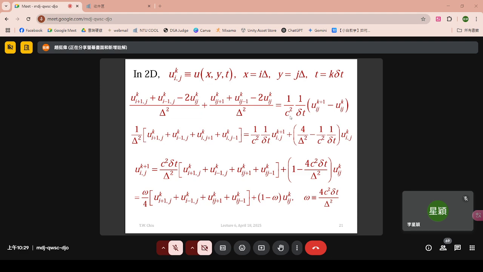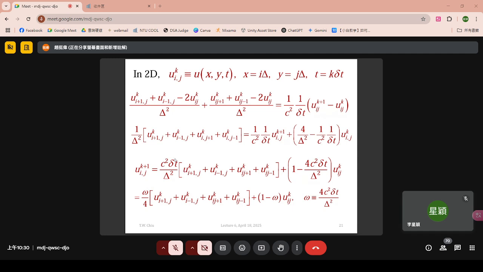I can put all the variables at the k time step on the right-hand side, and pull this factor all the way over, so I can solve for the temperature at the k plus 1 time step in terms of the previous time step k.